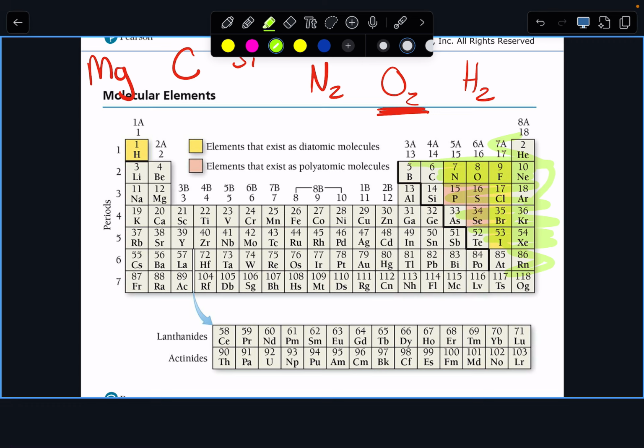If we're talking about any of those bonding, oh, and hydrogen, it's going to bond just like we talked about, this electron sharing idea called covalent bonding.